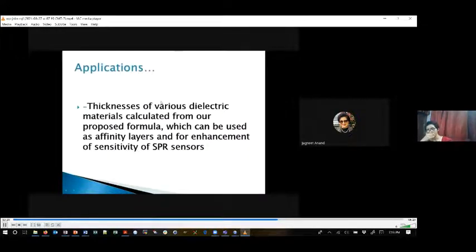And lastly, I will be showing you the penetration depths of various dielectric materials calculated using our proposed formula, and it is seen that this can be used as the optimum thickness of that particular dielectric material to be used as an affinity layer or for enhancement of sensitivity in SPR-based sensors.